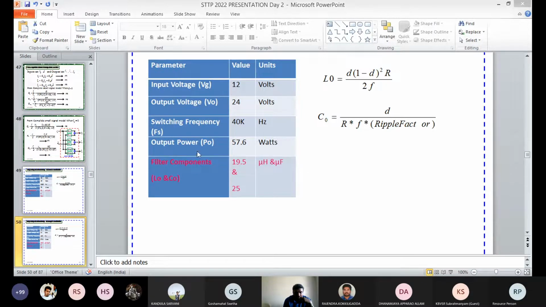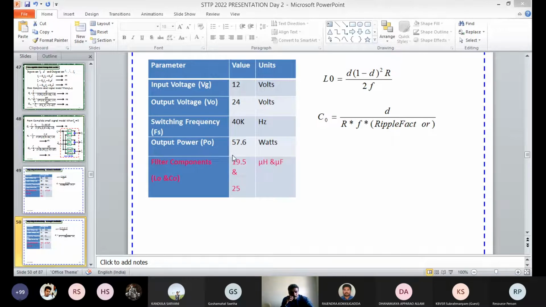For a special application I am designing this boost converter, that's why I am taking this. With the help of these formulas, I have derived the filter component values L0 and C0, tabulated here as 19.5 microhenry and 25 microfarad.